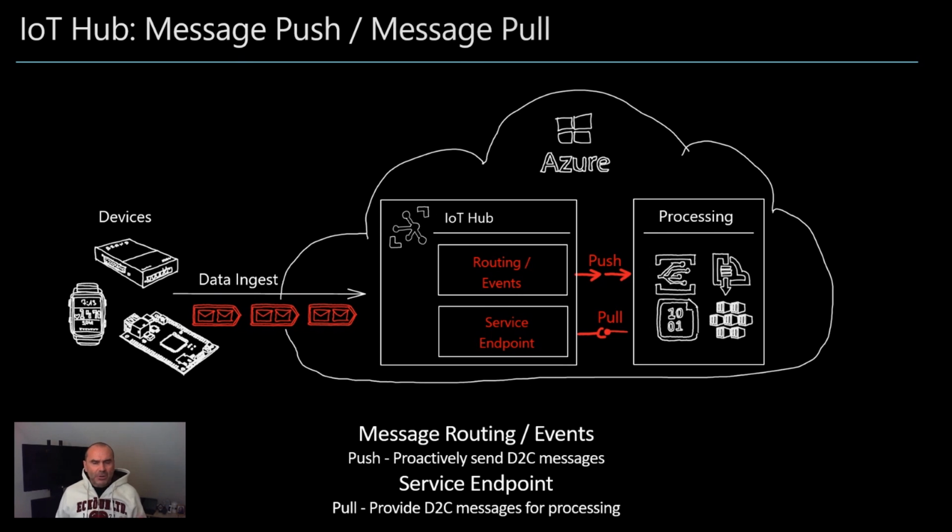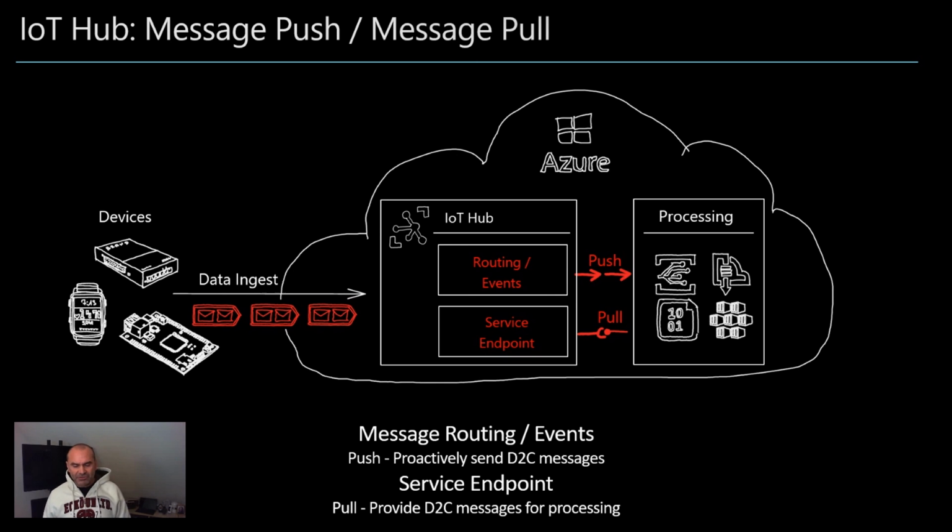Well, the primary difference is that routing or events are pushing information from IoT Hub into other services. So in this case, it's not the job of an application to ask IoT Hub, please give me the latest and greatest information. IoT Hub is really routing this information into this Azure service.